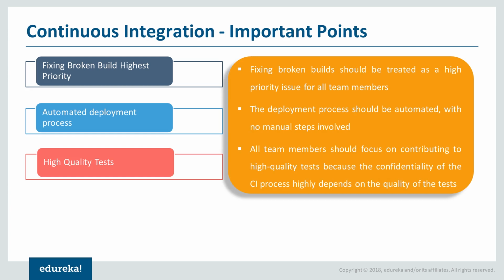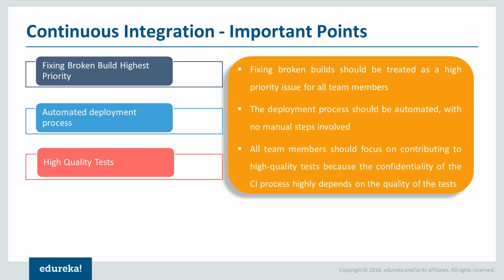And of course, you need to have an automated deployment procedure because, as we have spoken, it should be automated end to end. One small point which we will discuss a bit later is automated deployment versus automated delivery. This is technical terminology. We will talk about it when we get to it. And high quality tests: all team members should focus on contributing to high quality tests because the confidence in the CI process highly depends on the quality of the tests.